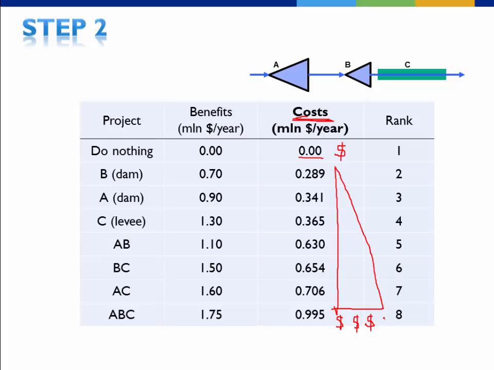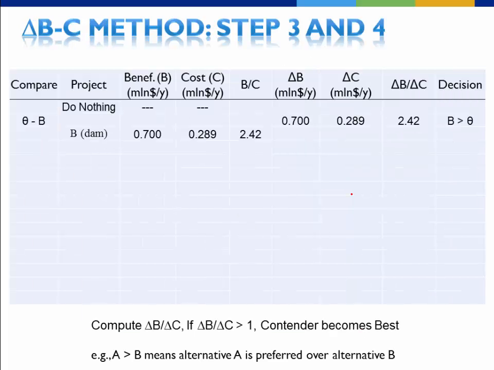So that is step number 2. And now we're going to be comparing first, in this order. And basically what we want to know is that given that you are spending more, the benefits outnumber this extra cost.